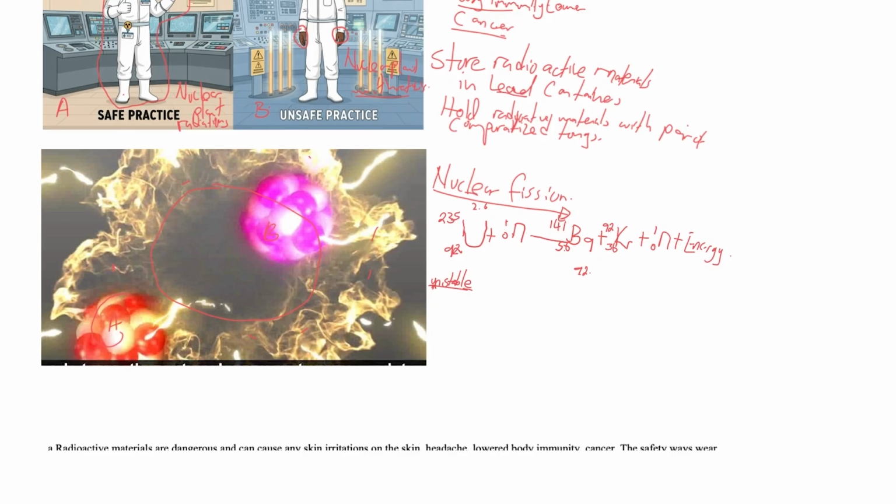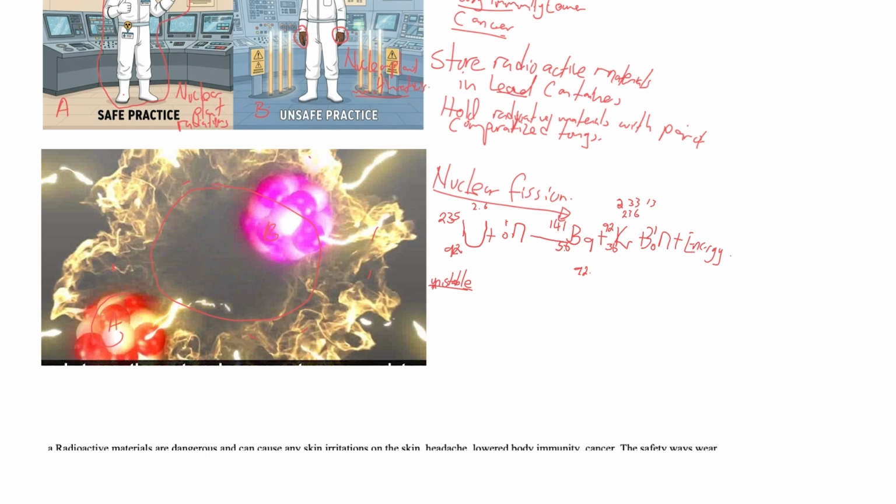Then we add this side. We have 141 plus 92, that is 233. So we must make sure that our mass numbers balance. So you can add the 3 here. So we have 3 neutrons, plus 3, such that our equation now balances with 236 on both sides.